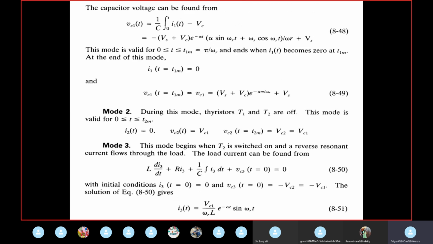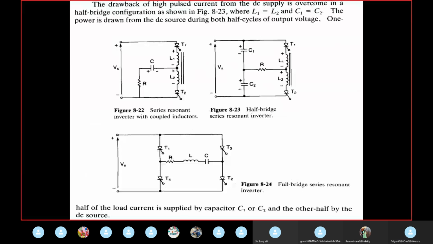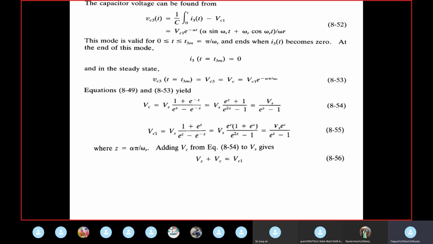Okay. So from this equation, we can find out the value of current i3(t), which is nothing but Vc1 by omega r L, e to the power minus alpha t, sine of omega r t.